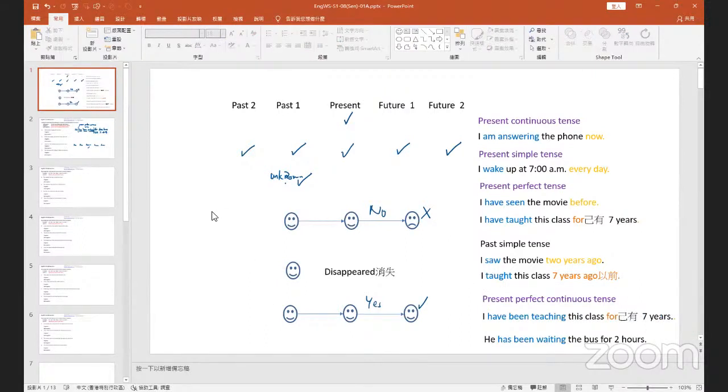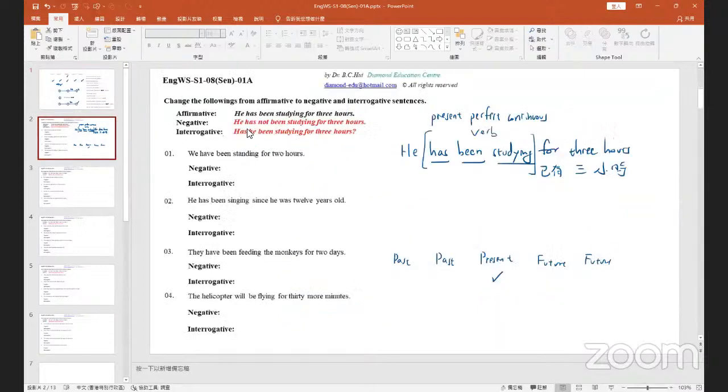Now this is usually for secondary 1 students. When you just turn into a secondary school student, you will learn present perfect continuous tense. For example, this exercise is for secondary 1.